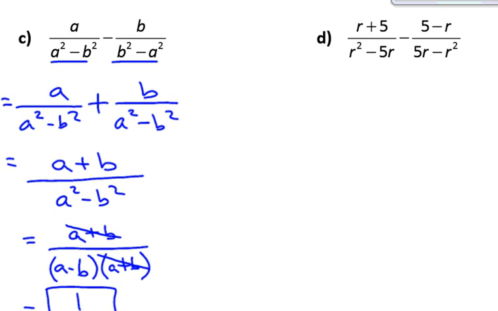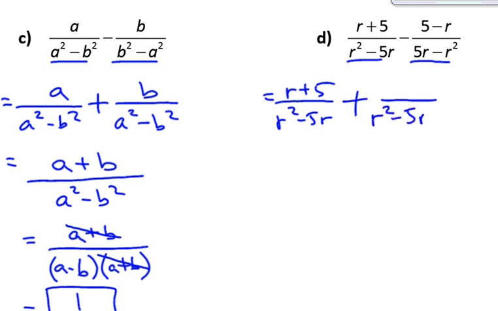So in part D, again, notice that our denominators are opposites. So the first one stays the same. The operation, the minus sign, changes to a plus sign. The second denominator flips because of the change in sign. And now we add like terms.